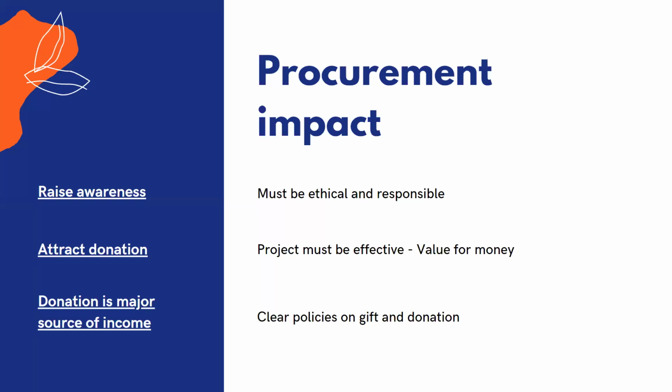Another thing about something like attract donation. If you want to attract donation, then you should be effective. And it would raise another concern for value for money. The project must provide clear return for the society, of course, and not for the organization, but it should provide some good result for society or for the members.